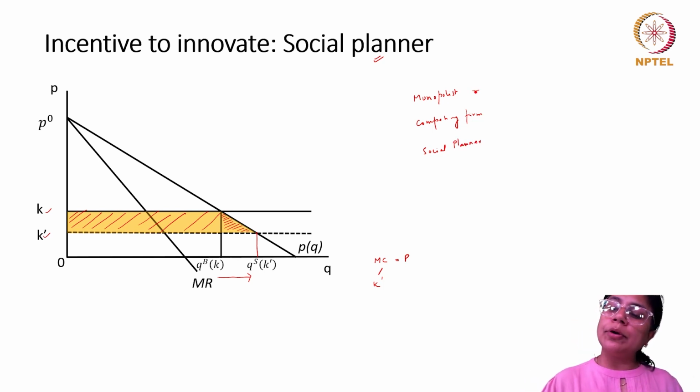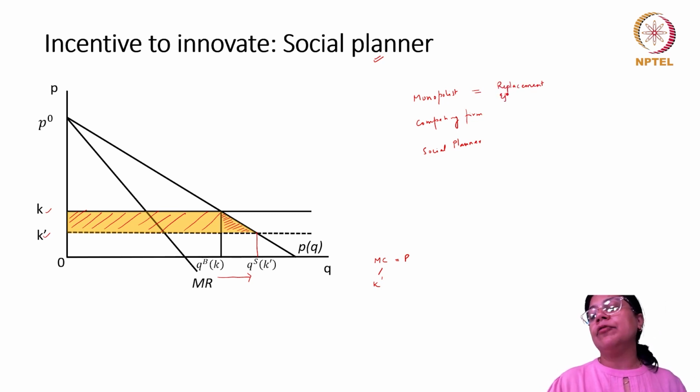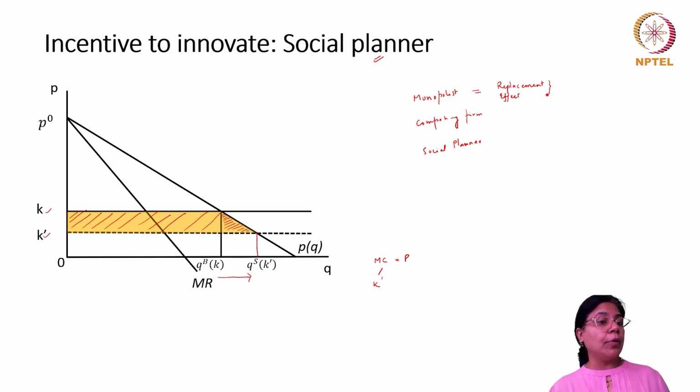From a monopolist's point of view, we have understood the effect is because of the replacement effect. That means as the firm is now engaging in more process innovation, it's making profit, but this newly made profit is also eating into its existing profit. So there is a replacement effect. On the other hand, a competing firm has nothing to lose.